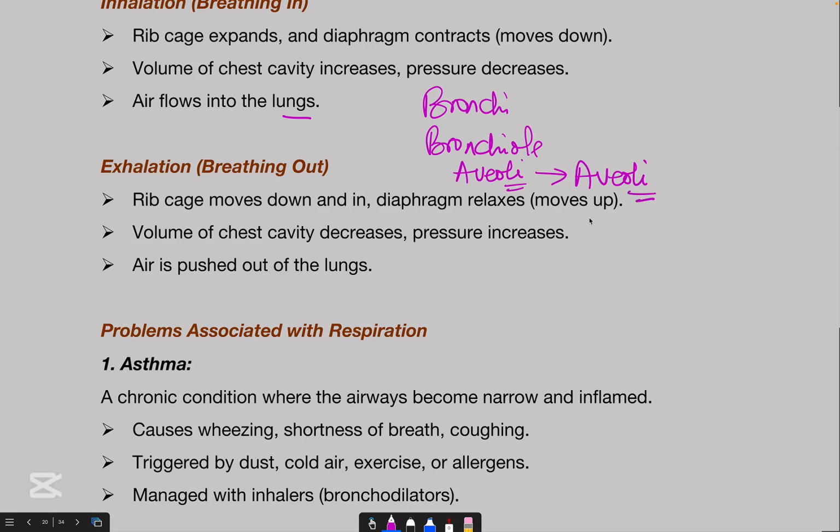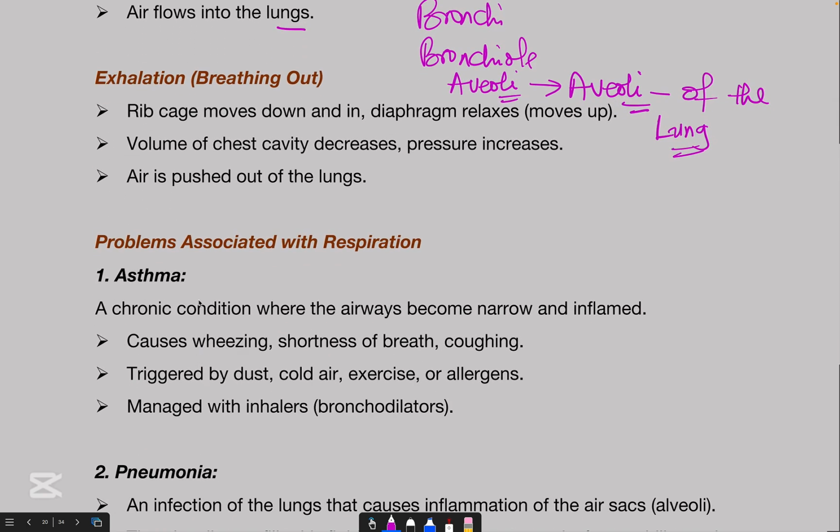Although it's not your material, I just felt the need for you to know that gaseous exchange takes place in the alveoli of the lung via diffusion. Alveoli of the lungs. That is where gaseous exchange takes place. Take note of it. All right. So the passage of air from the bronchi to smaller bronchioles, from bronchioles to what? Alveoli. Alveoli are tiny pockets of air where gaseous exchange takes place.